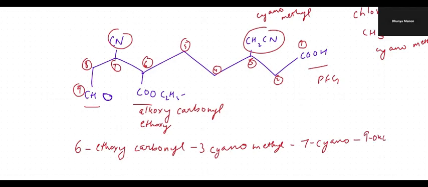There are 9 carbon atoms, so non, all single bonds, so nonane, 1-oic acid or nonanoic acid. Okay, so these are some of the examples of polyfunctional groups that are present in the carbon chain. So that's all for today, students. Thank you.